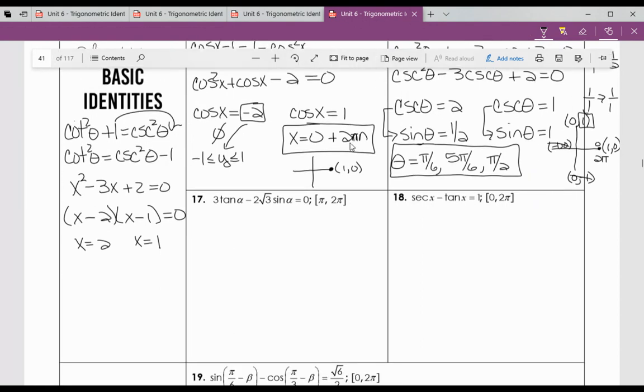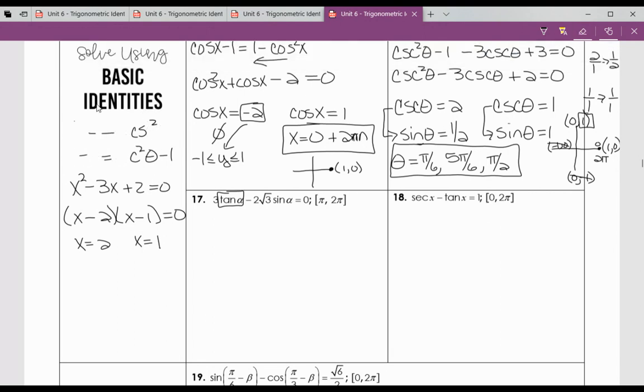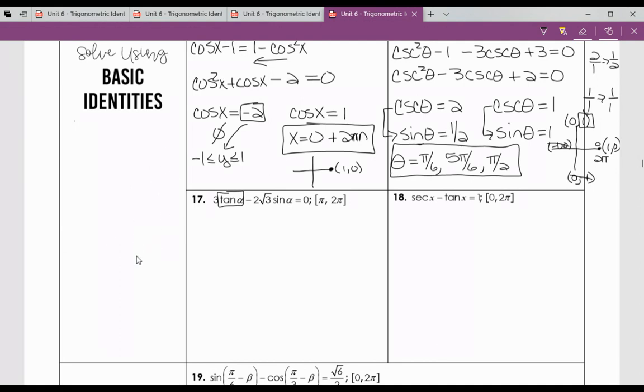Now, number 17 is a little bit different because we have tangent and sine. So what we're going to do is use our basic identities to rewrite tangent as sine over cosine, and that is just a quotient identity.